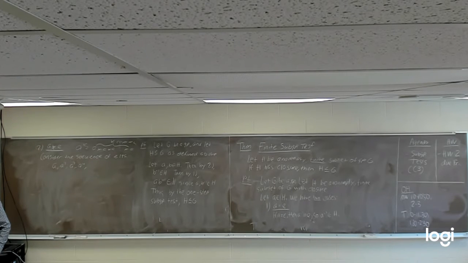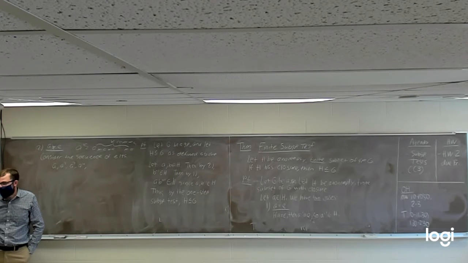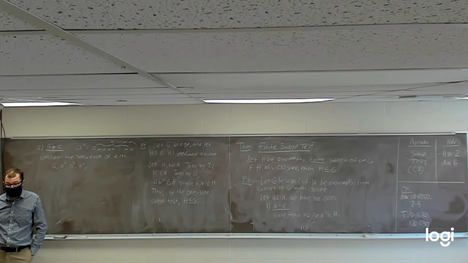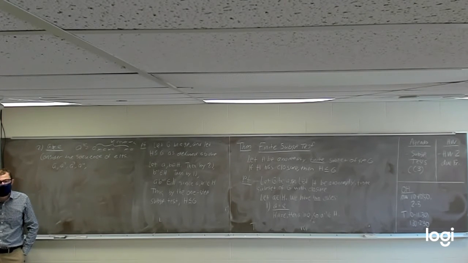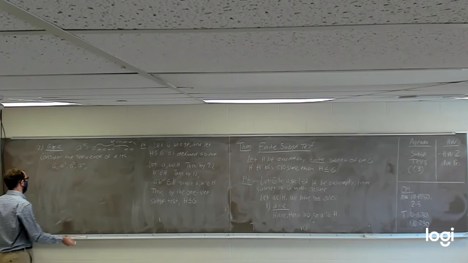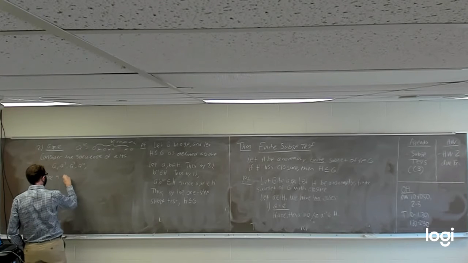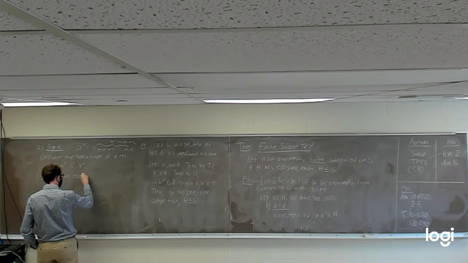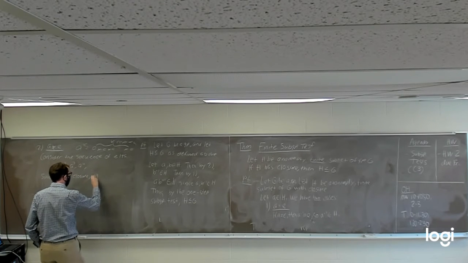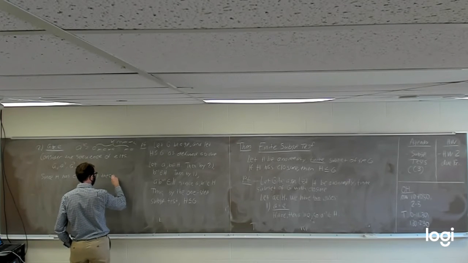Yeah, since A is in H, then if we take A star itself, however many times we want, we're always going to get something that's still in H. Since H has closure, all of these elements lie in H.